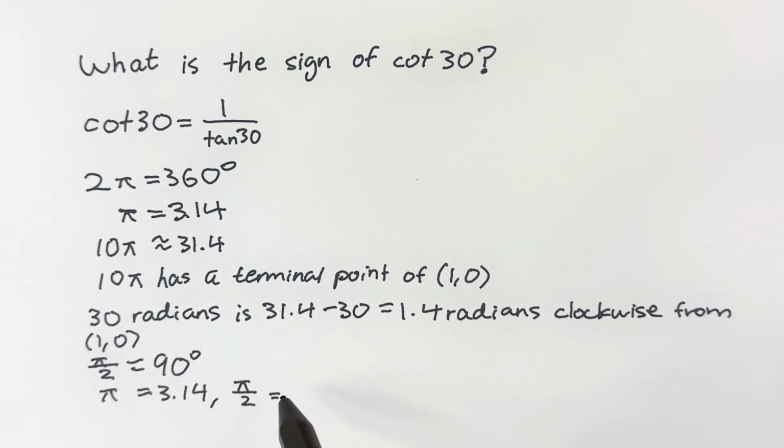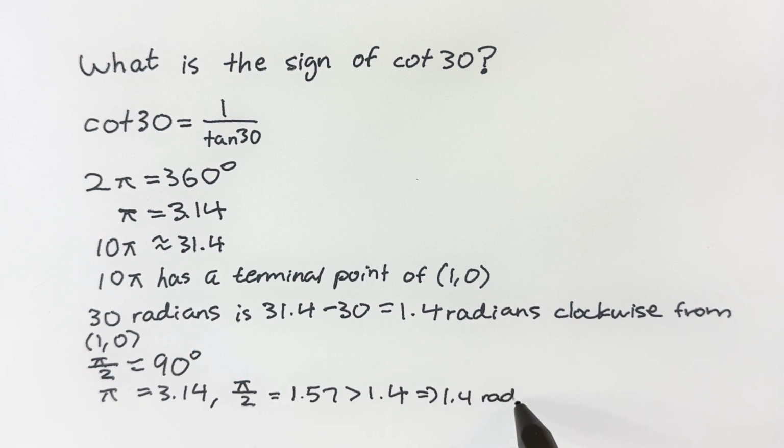So pi over 2 equals 1.57, which is larger than 1.4. This means that 1.4 radians is less than 90 degrees.